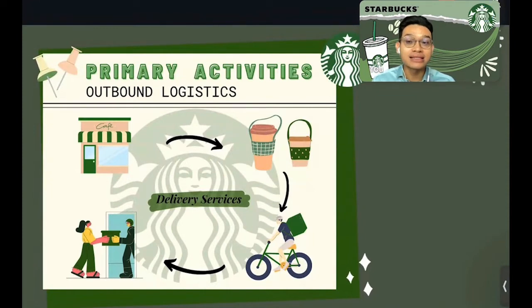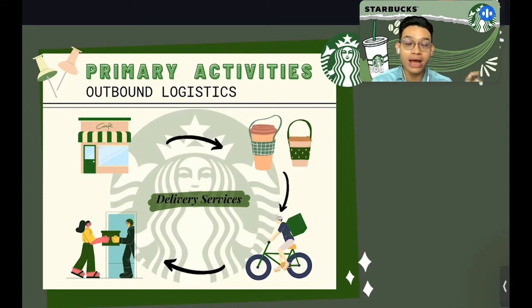So actually, Starbucks usually has no intermediaries between itself and its customers, because the customers will usually come to the store, order their food and drinks, and the baristas will prepare them and serve them directly. So there are no intermediaries between these two parties in this transaction.